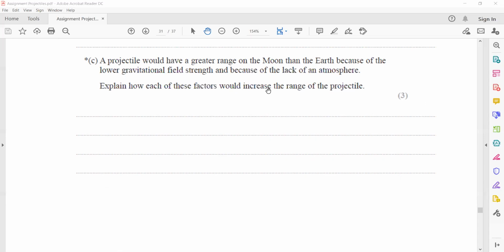How is gravity affecting it? Smaller gravity means the projectile will remain in air for a longer period of time, so the range will be higher. Same thing, if there is no air resistance, the horizontal component will not decrease, it will remain constant. As it keeps its one value, we will get a maximum or higher range.